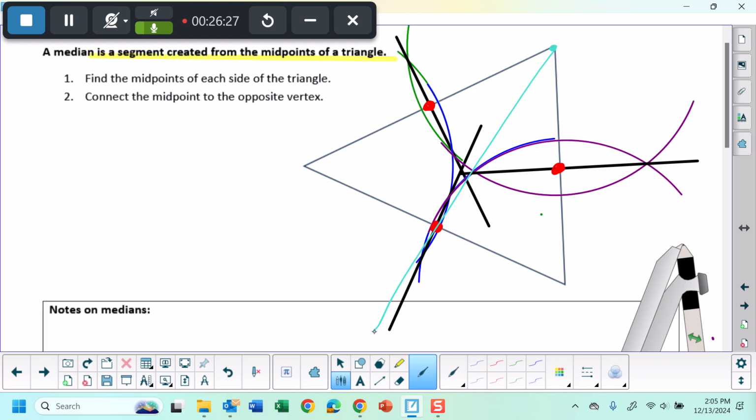So when I'm connecting my midpoint to my vertex, I'm creating a median. And if you'll notice, your holy cow wow moment still happens, but it's not at the same point that my perpendicular bisectors are intersected.